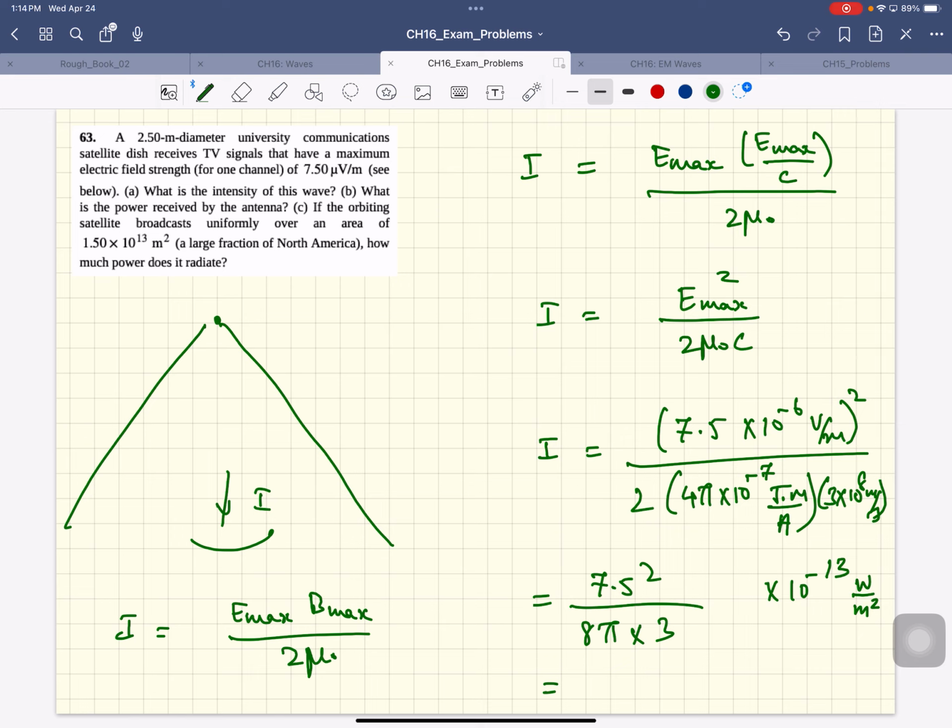So this works out to 7.46 into 10 to the minus 14 watts per meter square. So that is the intensity of the signal at the dish.